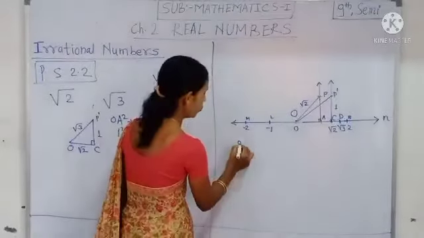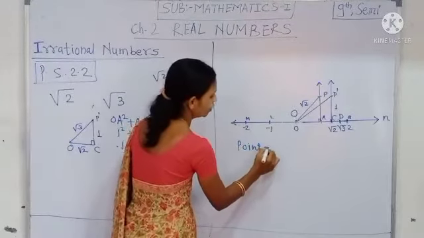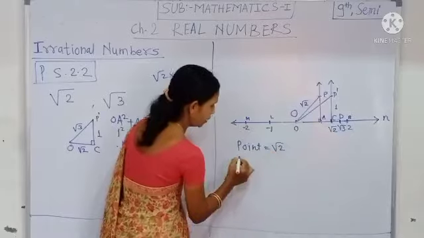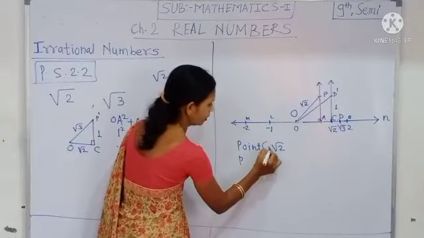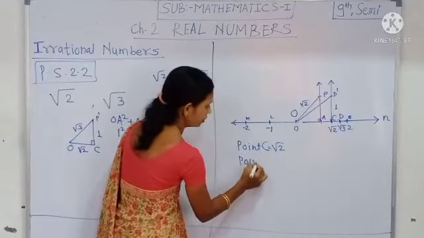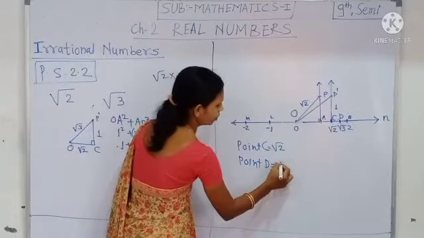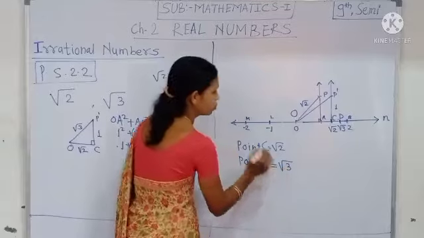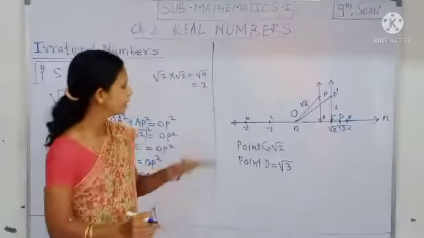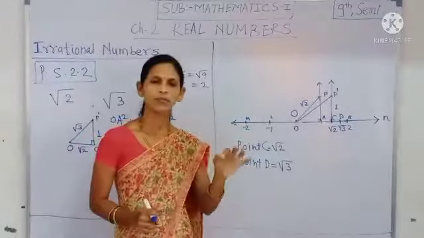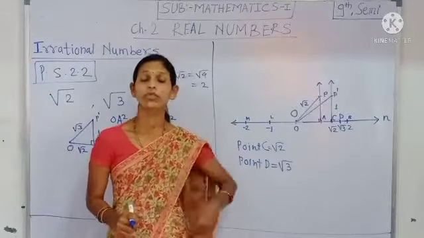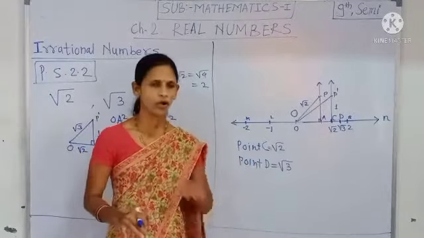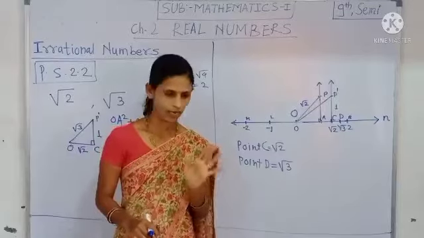That means point C has coordinate root 2, and point D has coordinate root 3. Like that we can represent root 5, root 10, root 7, any irrational number on that number line.